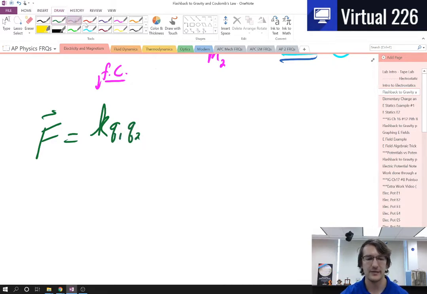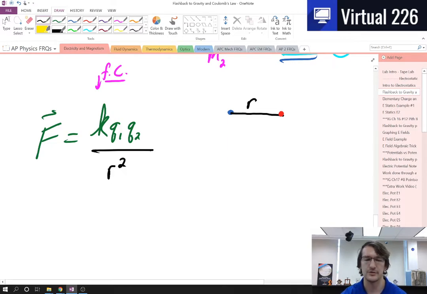And if we have something like an electron and a proton, and we would like to figure out the amount of force attracting them or repelling them. In this case, it would be attraction, opposites attract. Well, in this case, I need to know the radial distance they are away. So we're actually going to keep this r squared value, and it's squared due to the geometries of our 3D world. So this is what we have here. Instead of F equals GMM over r squared, we have F equals KQQ over r squared.